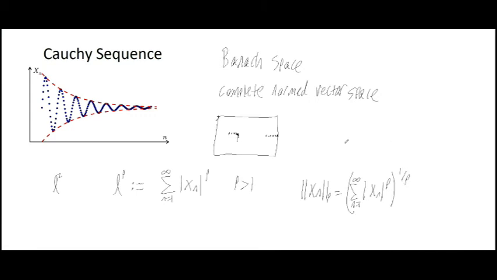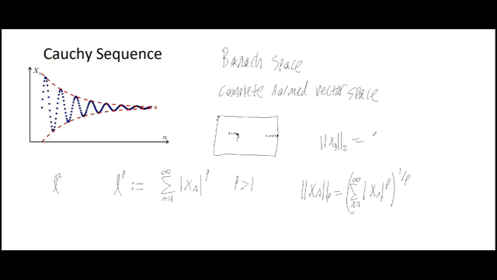to the 1 over p, which you can see is sort of a generalization of the Pythagorean norm that we were talking about. So that would be if we had x1, x2, x3 here, and we'll say that p is 2 in this case.